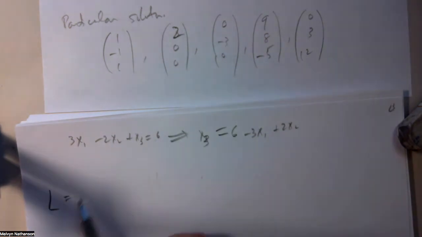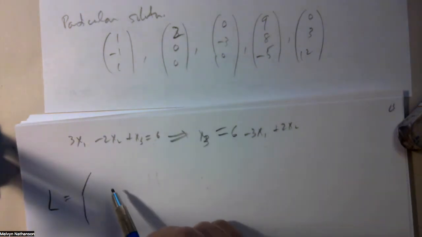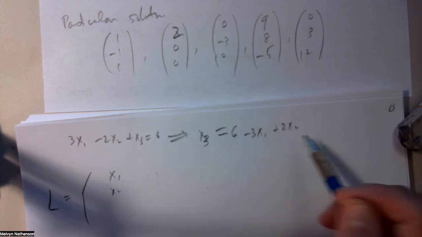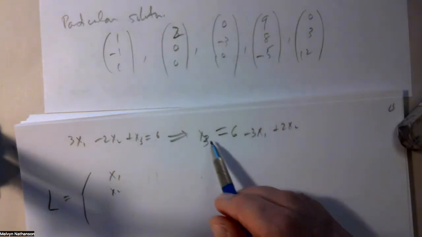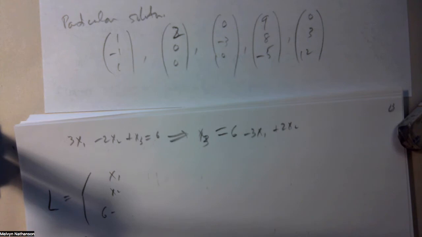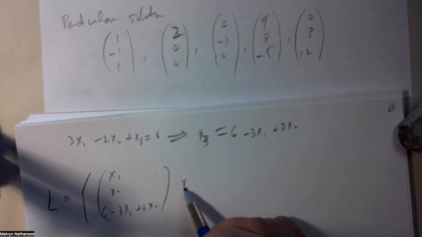If I let L be the solution space of this equation, for any values of x1 and x2, x3 has to be 6 minus 3x1 plus 2x2. It's all such vectors for any x1 and x2.